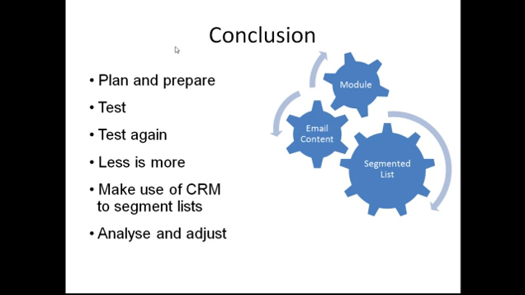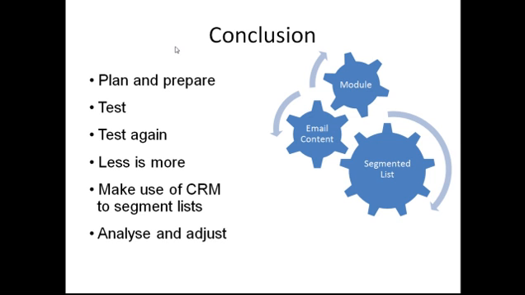It's very, very tempting just to carpet bomb and get as many contacts in an email campaign as you can, but this yields lower results. We strongly recommend taking your time to grow your database in the CRM. Make use of the CRM.